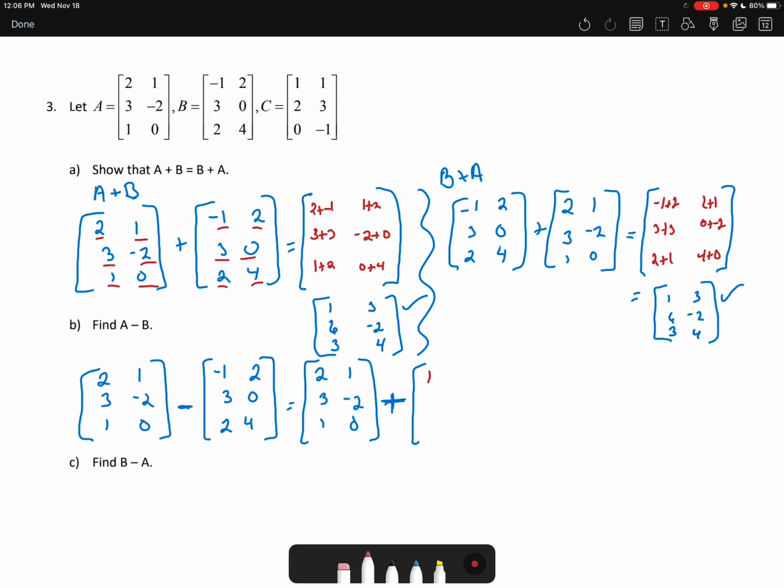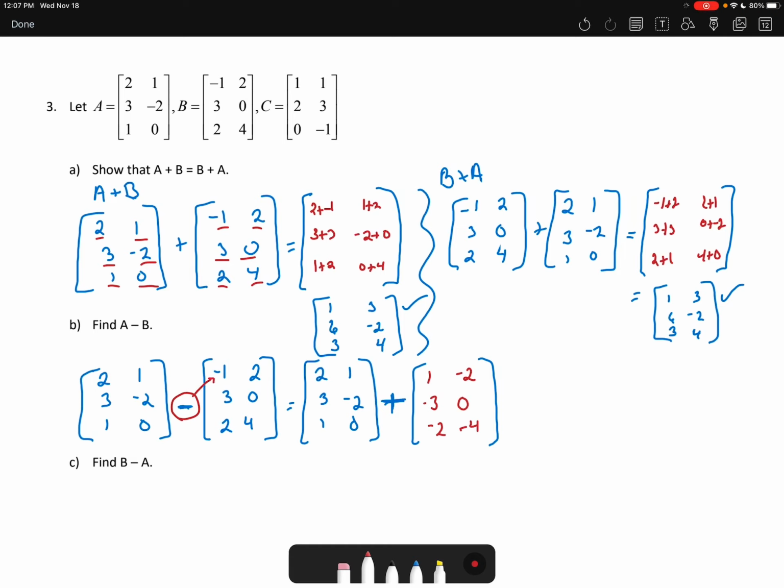So I could change this to a positive 1, a negative 3, a negative 2, negative 2, 0, and negative 4. I can basically apply that negative sign right here to make all of the values in the second matrix their opposite.